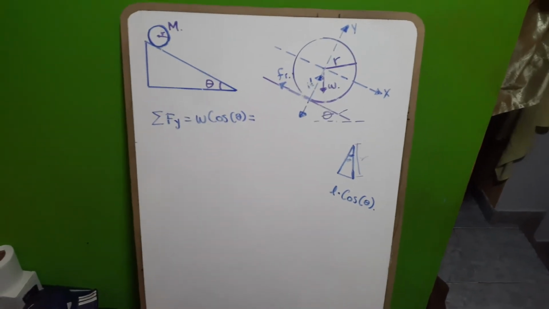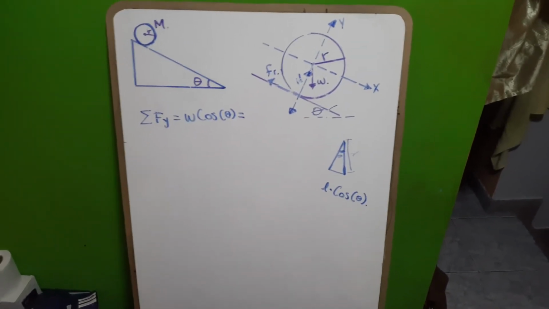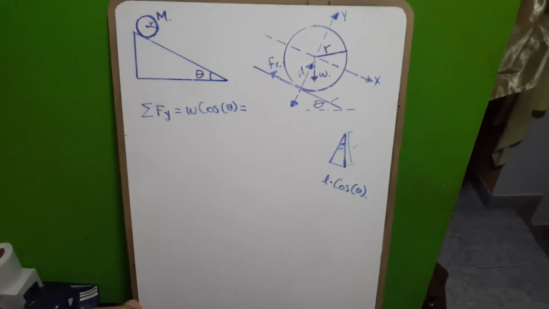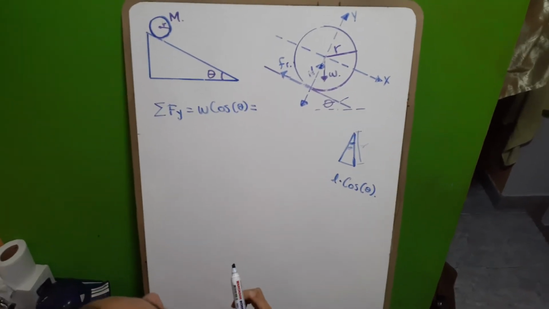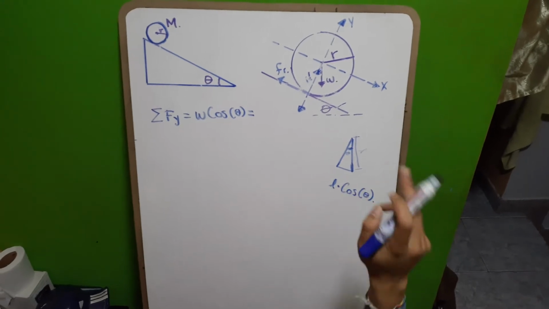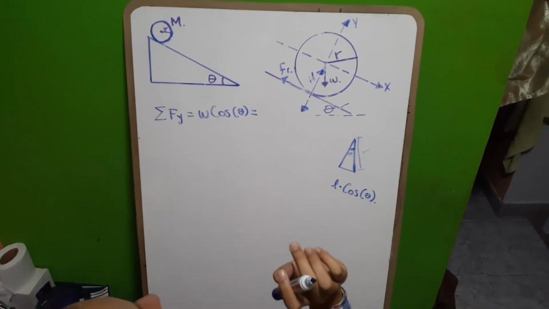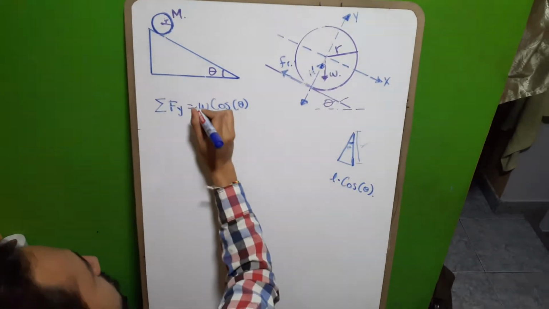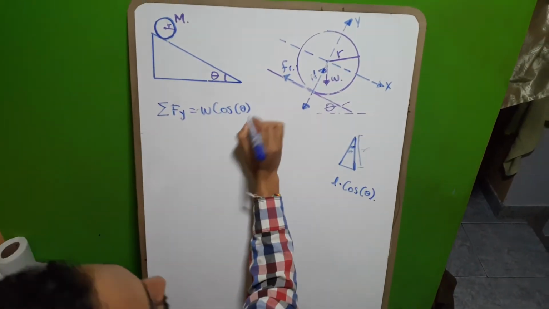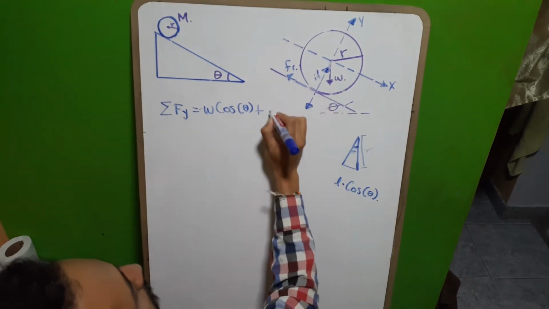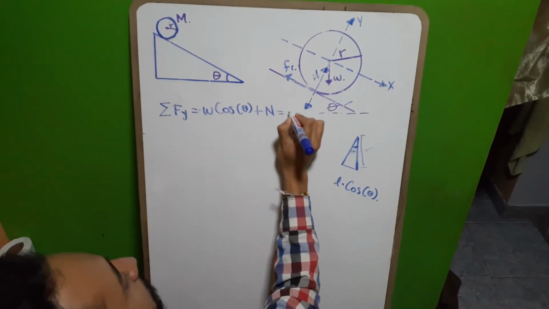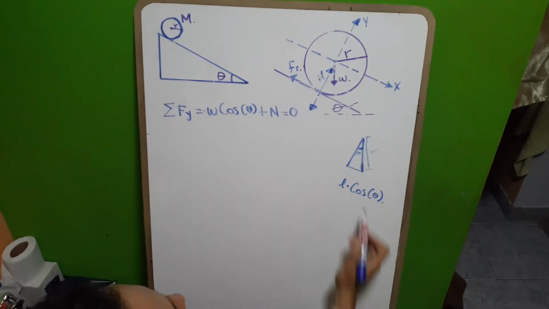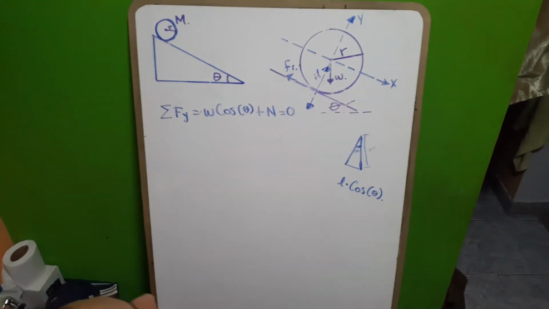In y, this is equal to, no more, this is in the negative direction, plus the normal equals 0. The normal equals W cosine theta.